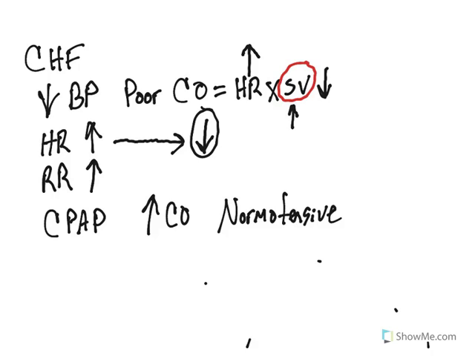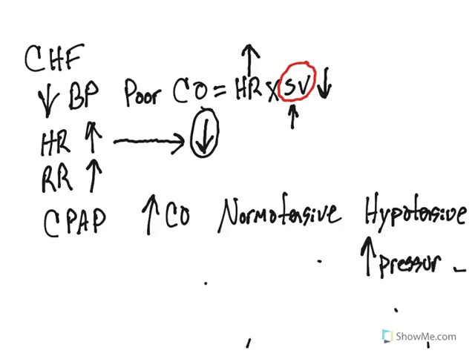If the patient is not normotensive, if the patient is hypotensive, then that increase in pressure, right, an excess pressure, will decrease cardiac output.